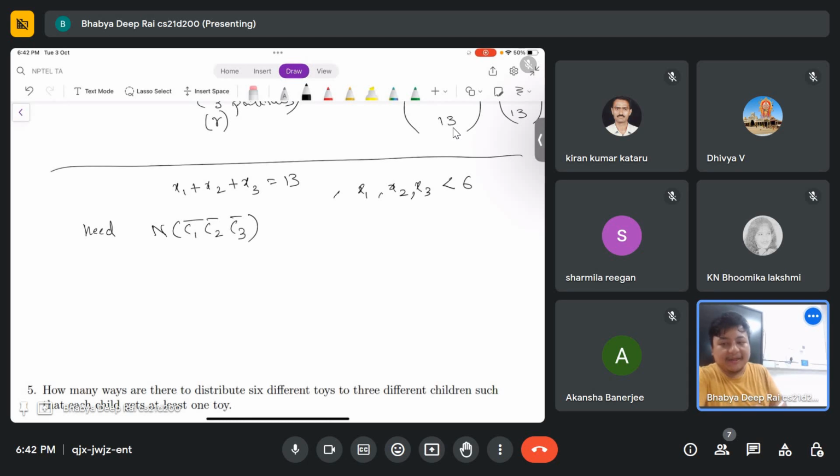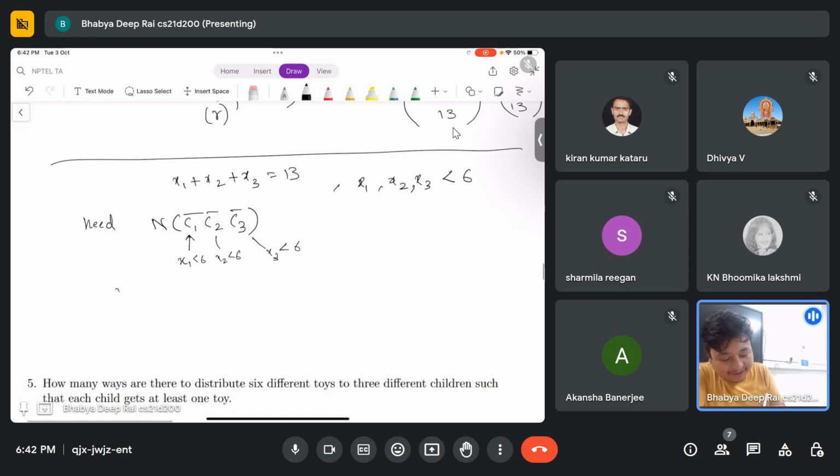Now, if this represents the solutions when x1 is less than 6, x2 is less than 6, and x3 is less than 6, then c1, c2, c3 will represent when it is greater than or equal to 6.